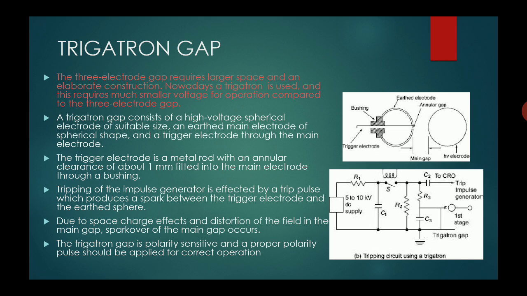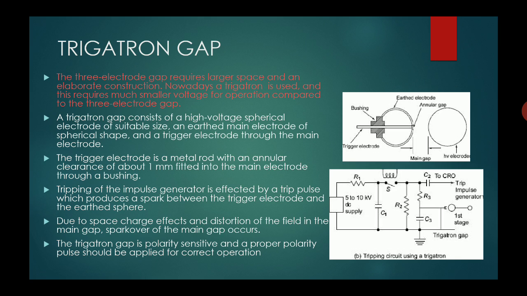One more last topic is called the trigatron gap. We have seen the controlled 3 electrode system. This is much more specified, much better. The 3 electrode gap requires larger space and an elaborate construction. Nowadays, a trigatron is used and requires much smaller voltage operation compared to the 3 electrode gap.